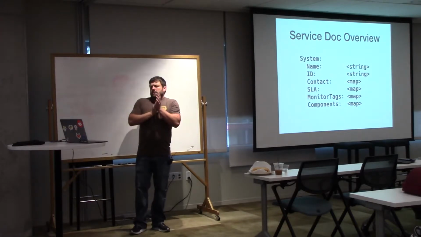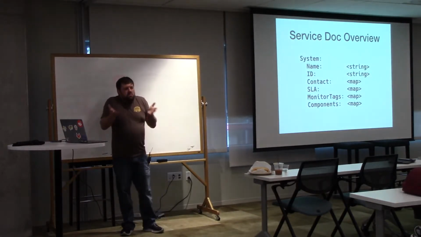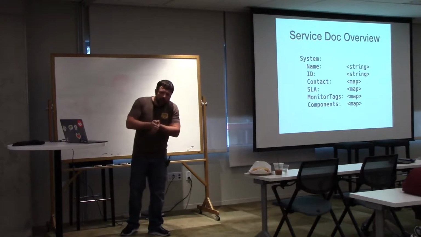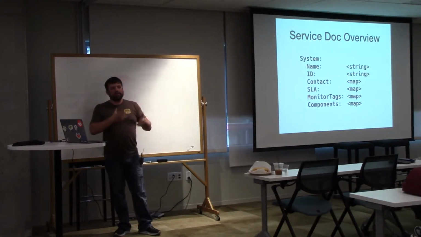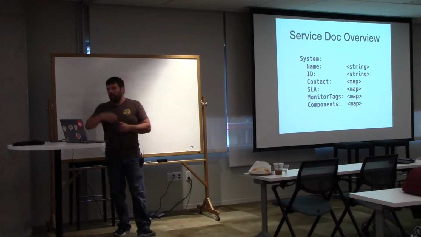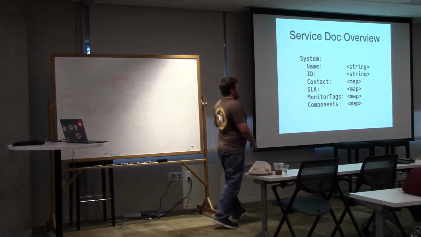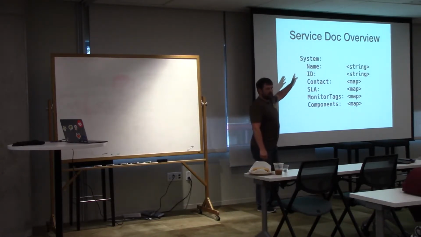so here's a top-level view of what I envisioned was the base minimum that you could put down for your service. I wanted something that was terse, that was succinct, that didn't do a lot of repeating, and so I kind of got into this hierarchical way of thinking. So if you walk down this system, we want to know the name, we want to know the ID. These are later going to be turned into tags.